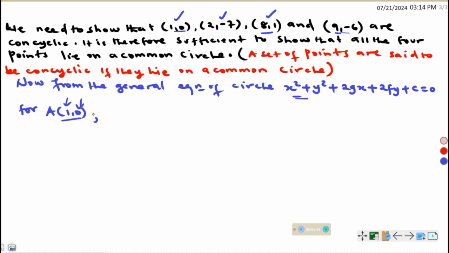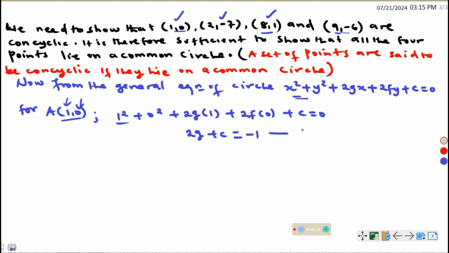So we substitute: 1 squared plus 0 squared plus 2g into 1 plus 2f times 0, plus c equals 0. Basically this gives us 2g plus c, and when 1 crosses the equal sign it is negative 1. So this gives us equation number 1.